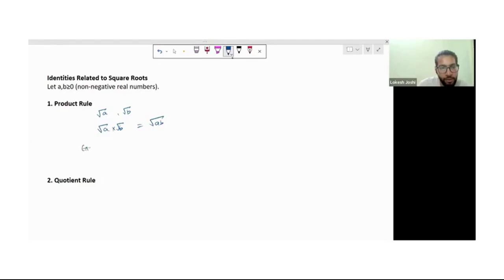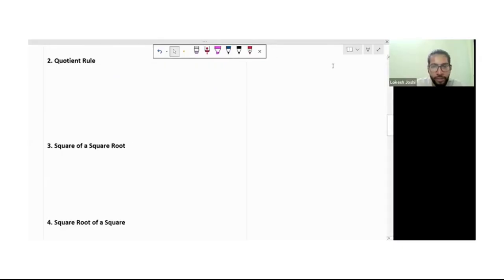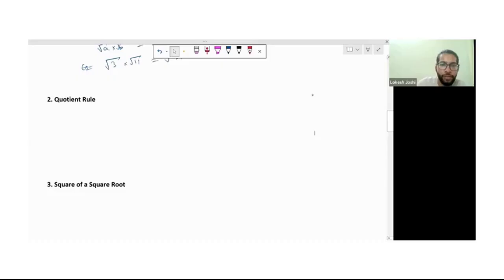For example, I have to multiply under root 3 by under root 11. It will be under root 3 times 11, and it will be under root 33. Now the quotient rule. Suppose I have two non-negative real numbers such that I have to find under root a divided by b. There is a condition: b should not be equal to 0.